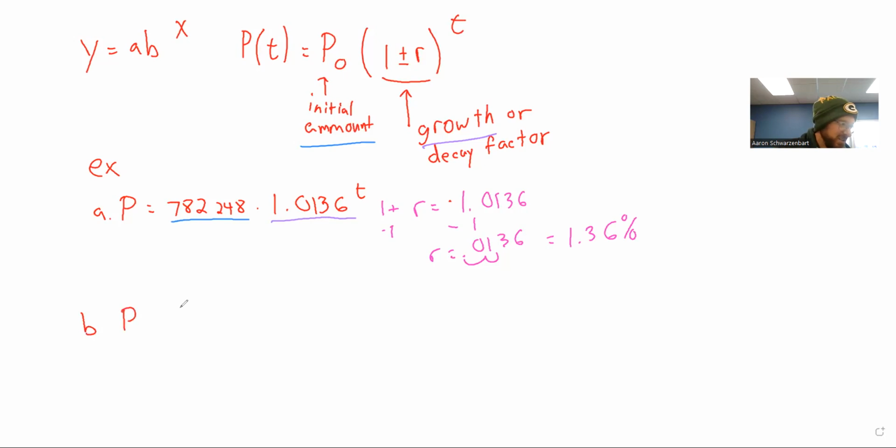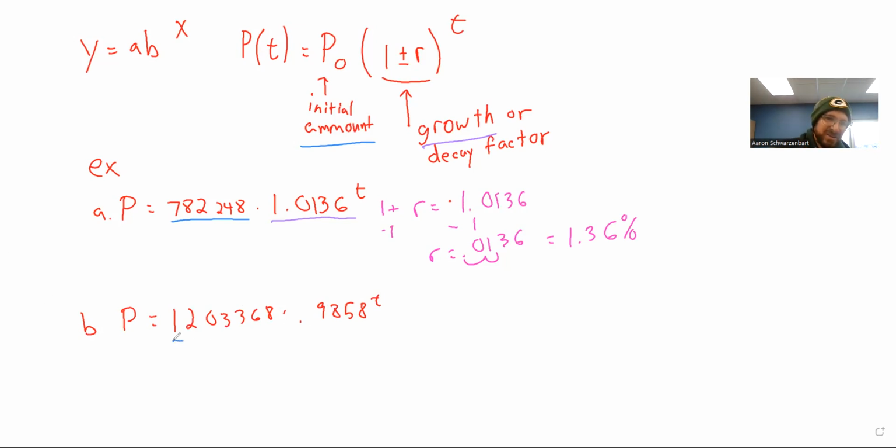So Detroit, on the other hand, the population is modeled by this exponential function. The b here is less than 1, so this is decay.